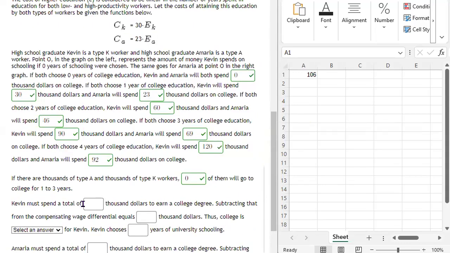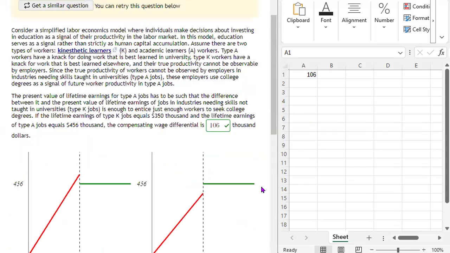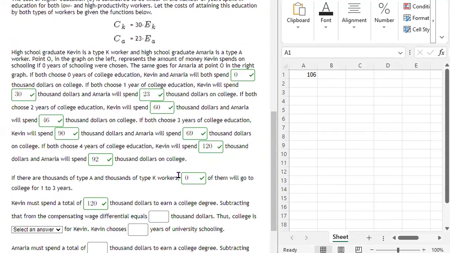So Kevin must spend a total of $120,000 to earn a college degree, right? Subtracting that from the compensating wage differential equals what? So I'm going to put this over here, and I got Kevin, and I got Amira, and Kevin.